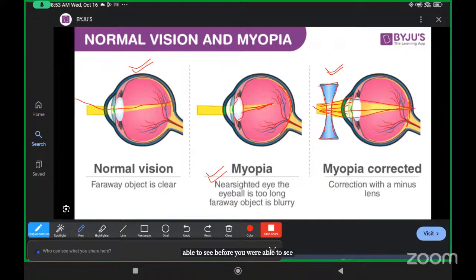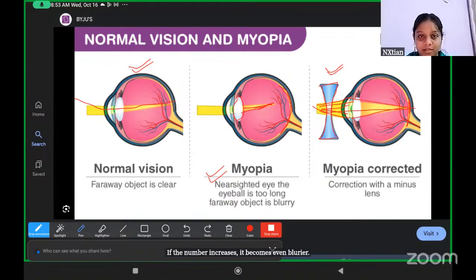If the myopia number increases, it becomes even blurrier. Surgeries and corrective lenses or specs are used to correct it. Concave lenses for myopia.